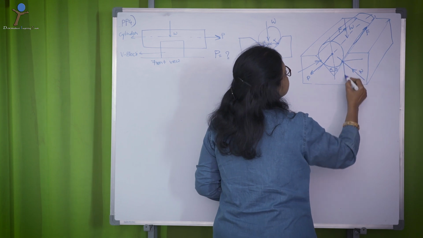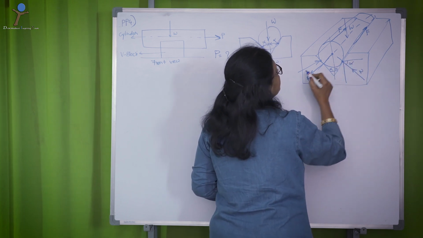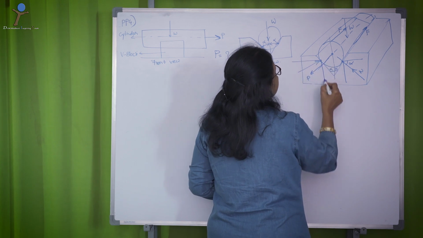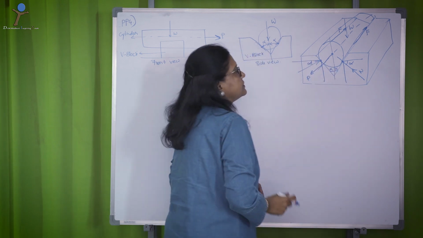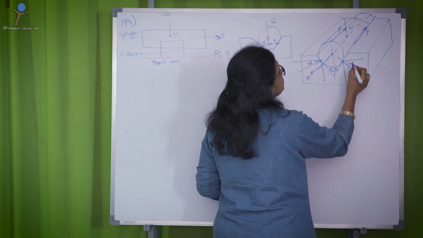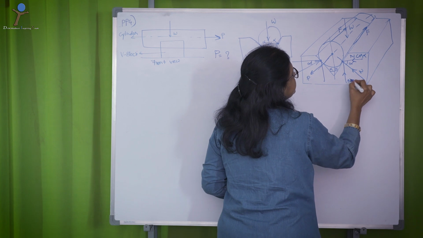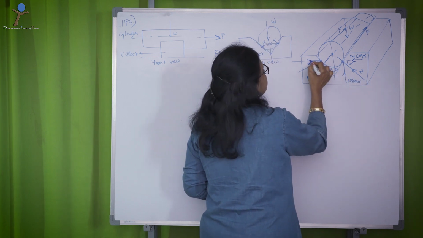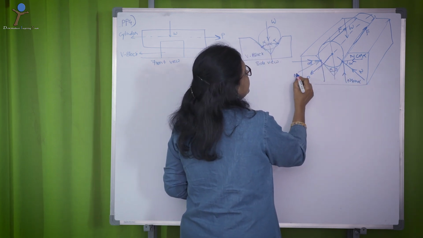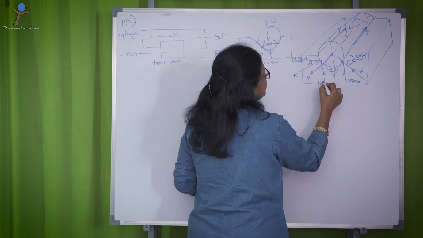Let me call this alpha, similarly this is also alpha. That means, if I resolve this normal reaction, this becomes N cos alpha and N sin alpha, and this becomes again N cos alpha and N sin alpha.